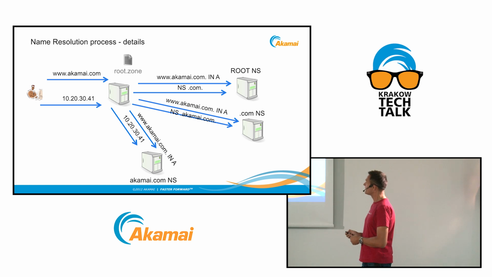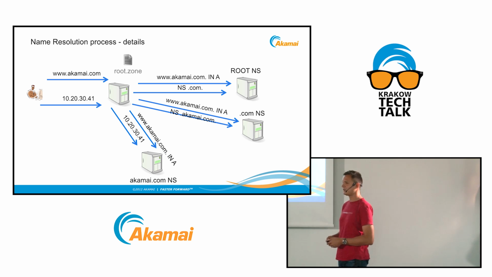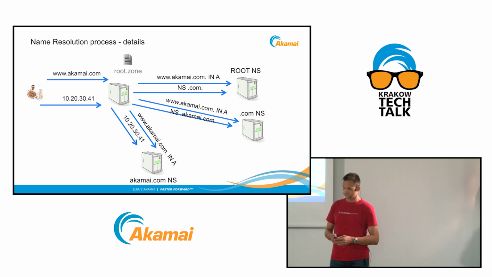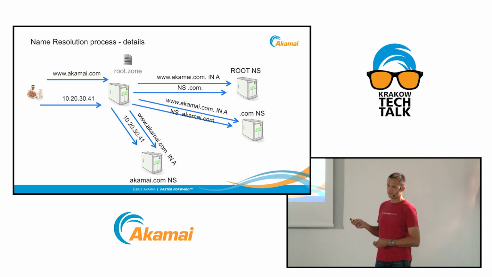He hopes that the root name server can answer what's the IP for Akamai.com, for the entire domain name, for the host name. But unfortunately, the root name server is aware of .com only. So all he can say is, I don't know, but I know who may know this. So he's giving a name server for the .com domain name.